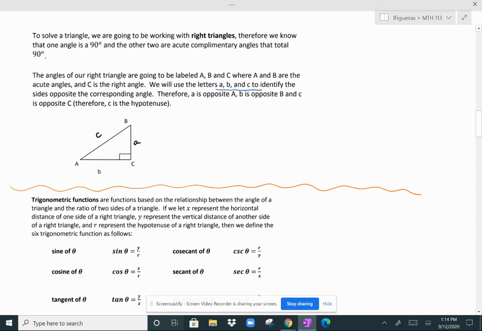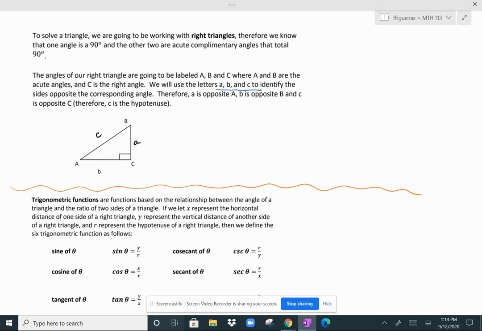We're going to let x represent the horizontal distance of the right triangle, and y represent the vertical distance. And we're going to let our hypotenuse be called r. It'll make more sense in the next chapter why we call it r instead of c, but r is the hypotenuse of the right triangle.